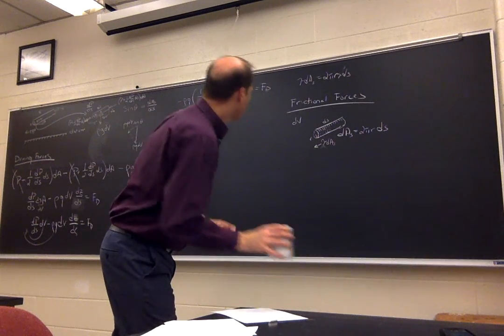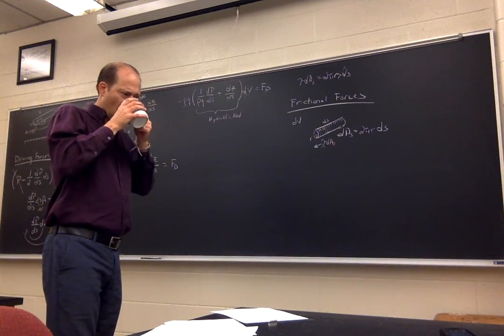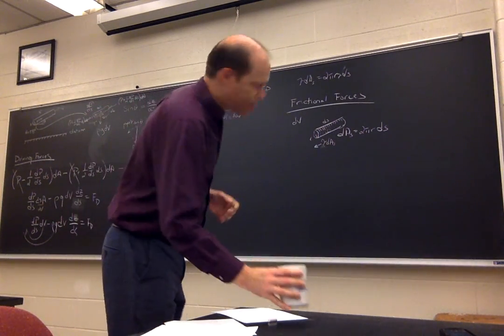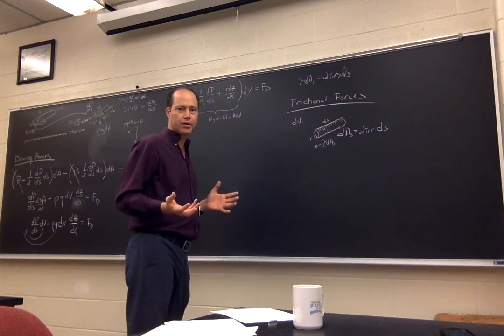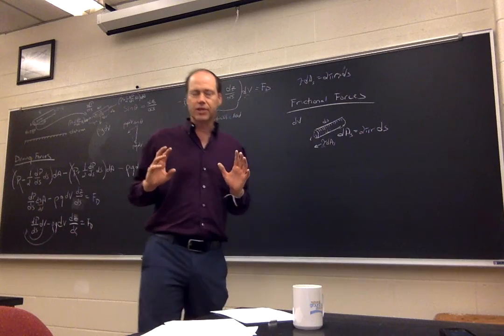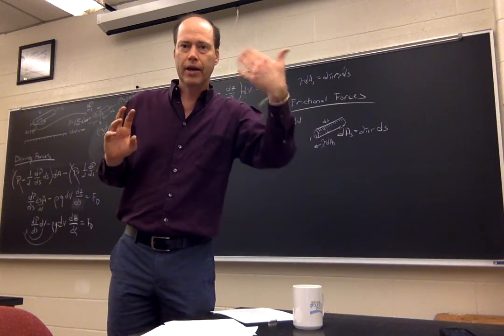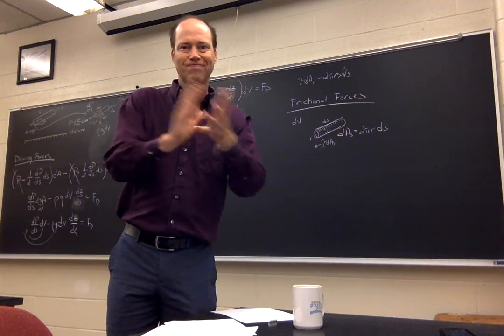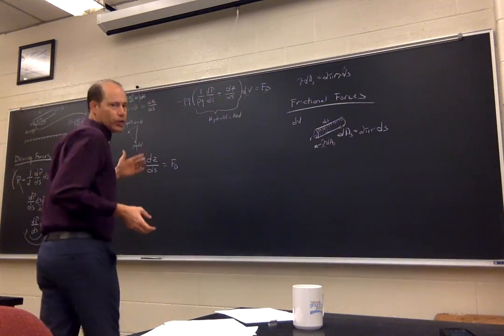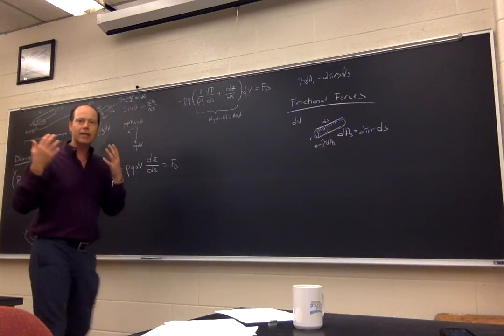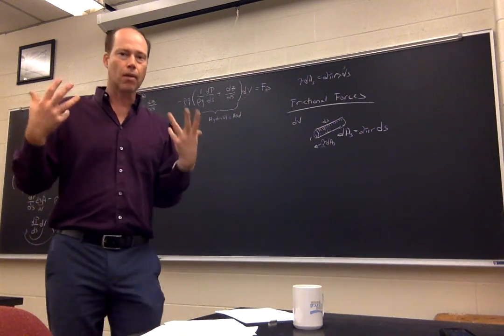Now, in order to solve this, we have to balance the forces. Balancing the forces doesn't mean there is zero change. This is a system in which water is flowing, but it's in equilibrium, so the forces are balanced.